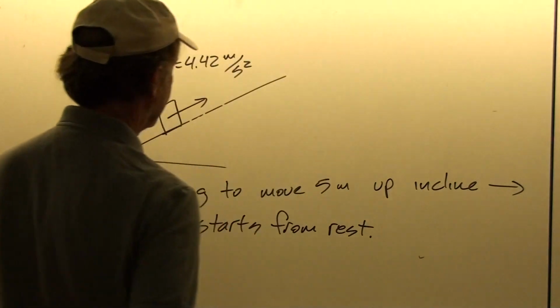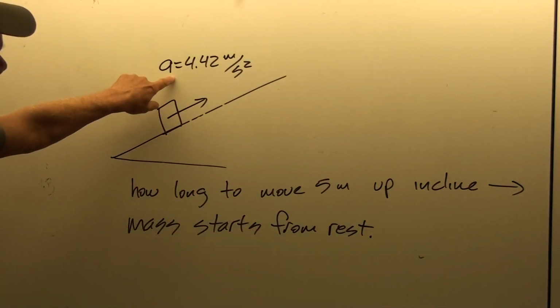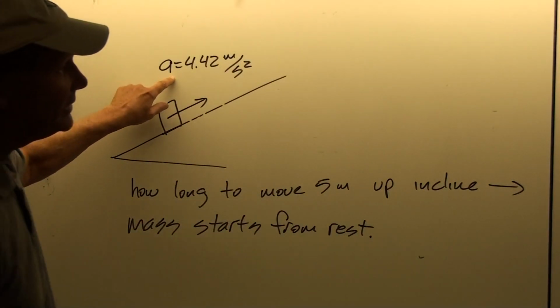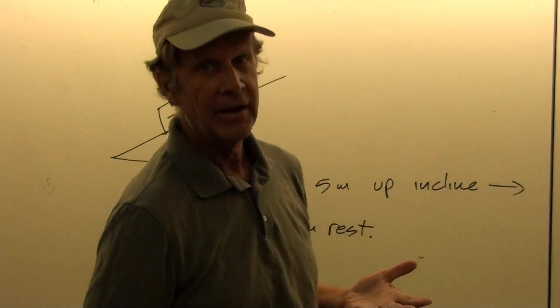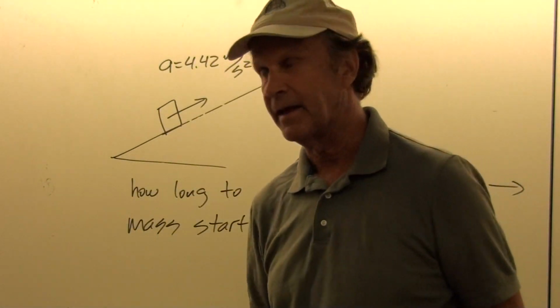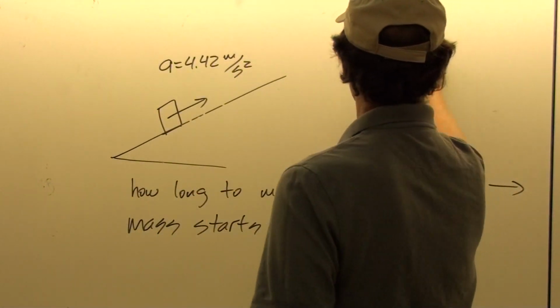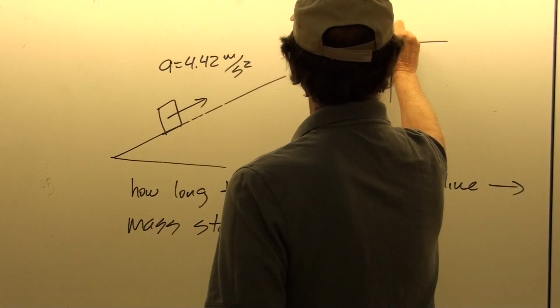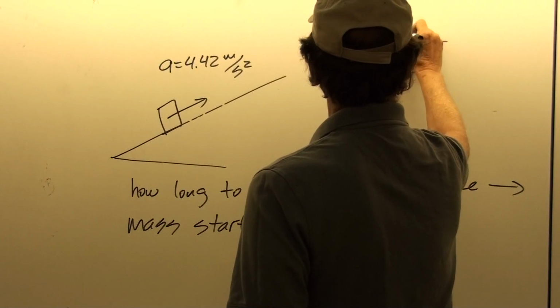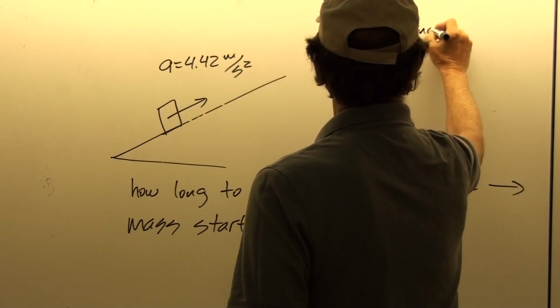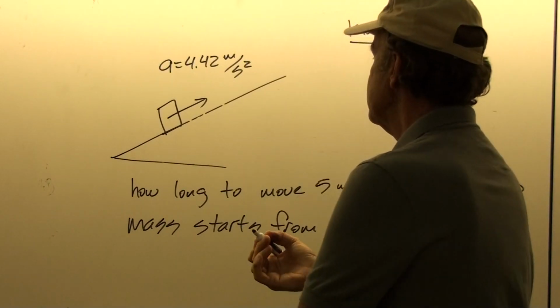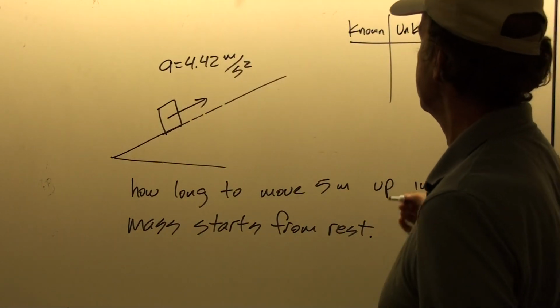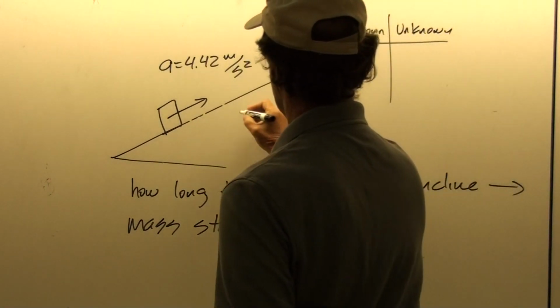Now this brings us back into kinematics because now we have the acceleration. It wasn't given to us. We had a fair amount of work that we had to do to get to that. But now that we have it, we can set ourselves again, and I hope that you're all doing this, set up a table of knowns and unknowns, and then identify which equation gives you the answer with the least amount of trouble.